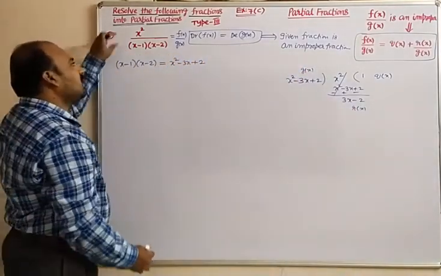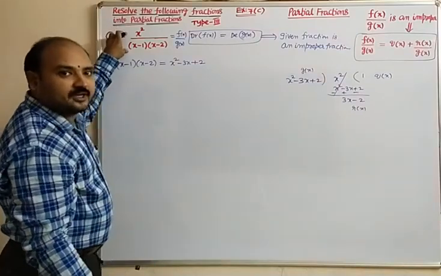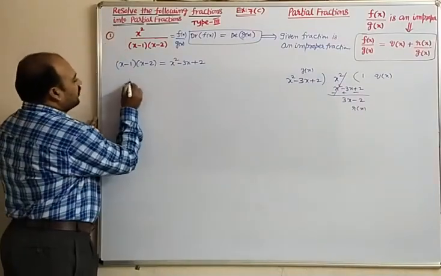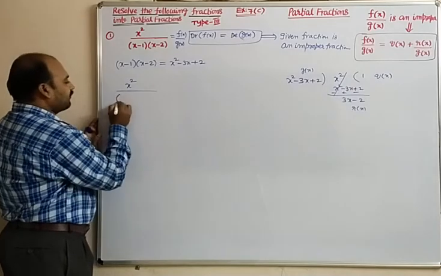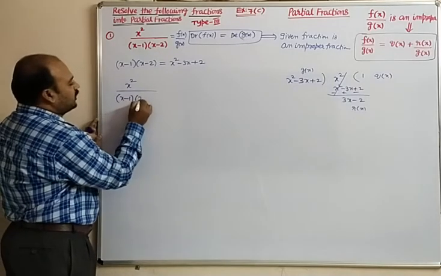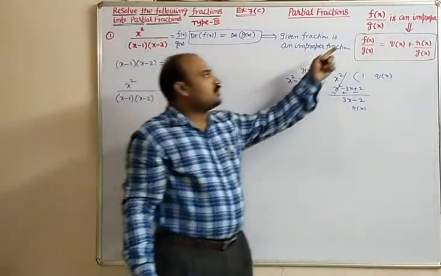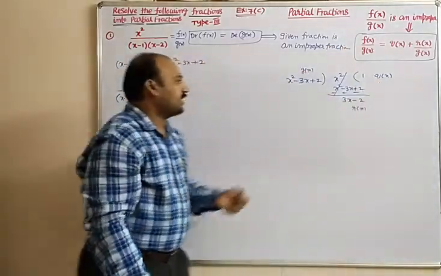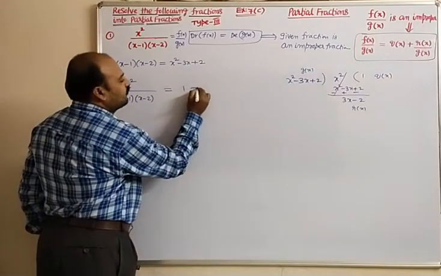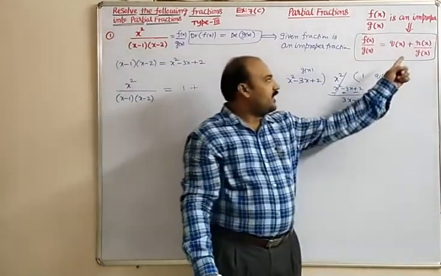Therefore, the given improper fraction x squared divided by x minus 1 into x minus 2 is equal to, based on the division algorithm, q of x, which is 1, plus r of x divided by g of x.